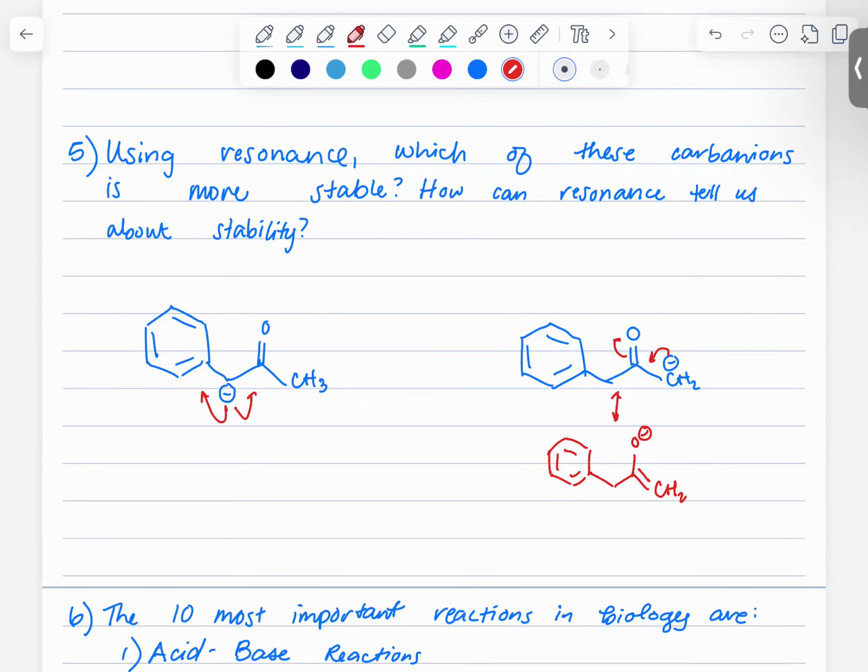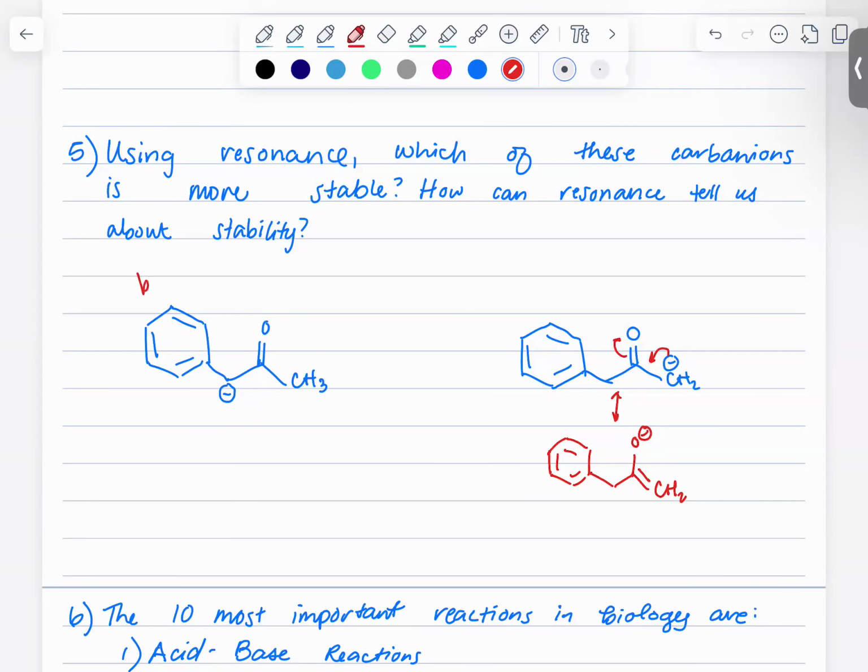With our structure on the left, we could do the same thing as we did with the structure on the right and push it up into the carbonyl group. But what's that other functional group we have that we can push electrons into? Now accessible to us. I heard it whispered.